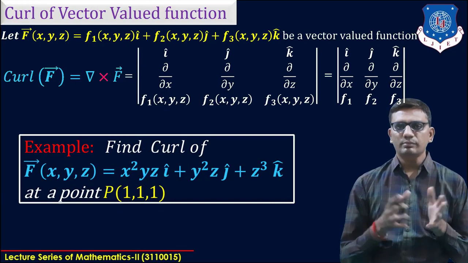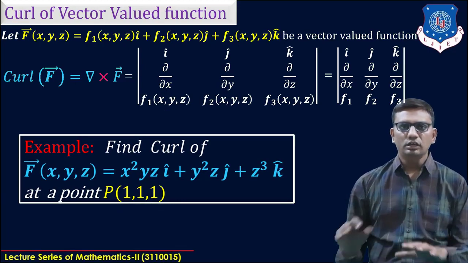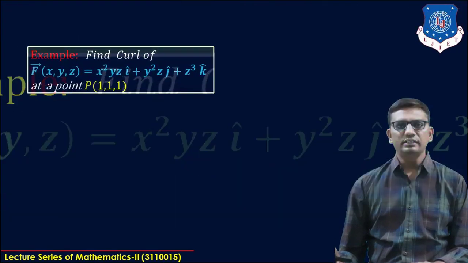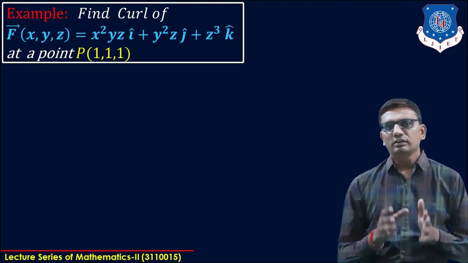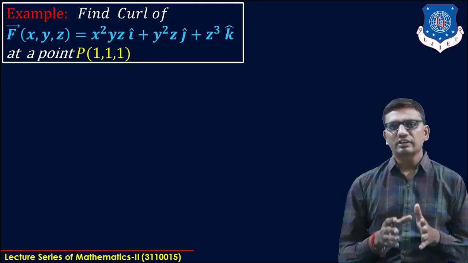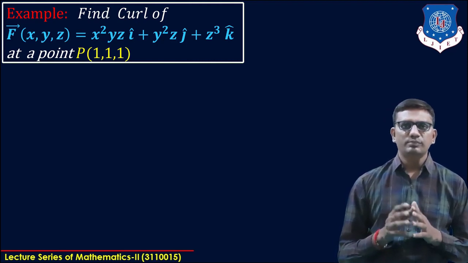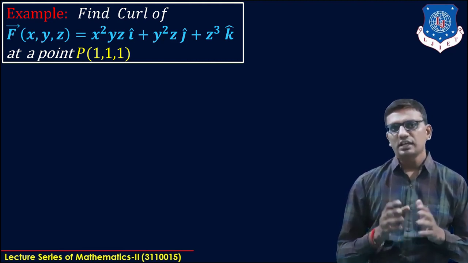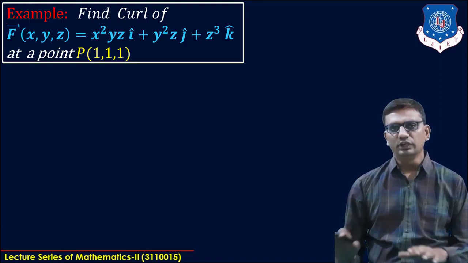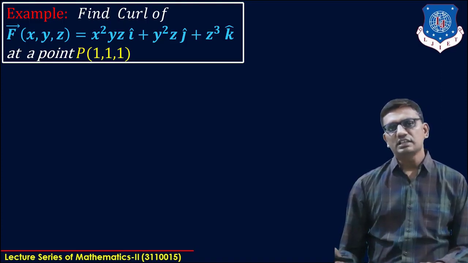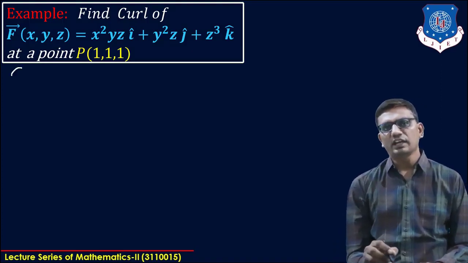Now we will see some examples of curl of f bar. Here, find the curl of f bar for f bar equal to x square yz i caret plus y square z j caret plus z cube k caret at the point (1, 1, 1). Now we will see how to find the curl of f bar.